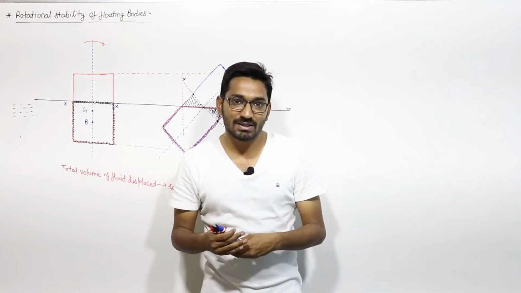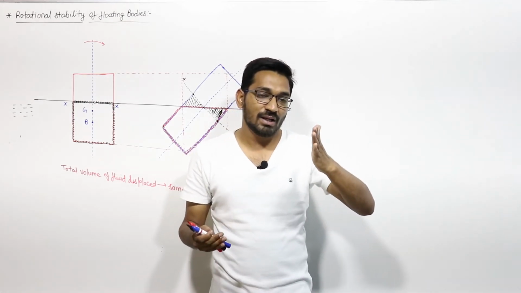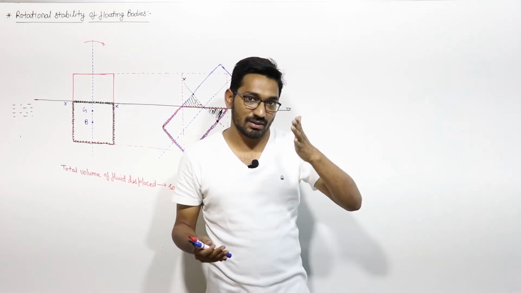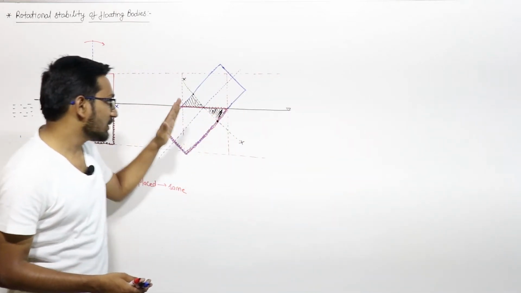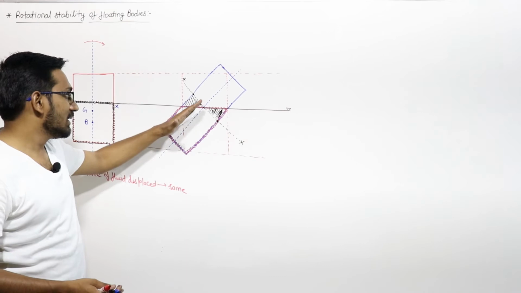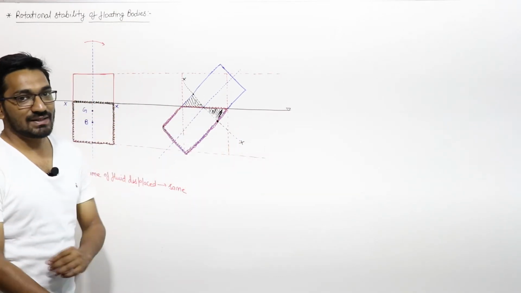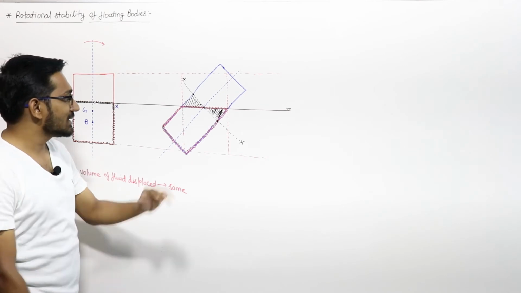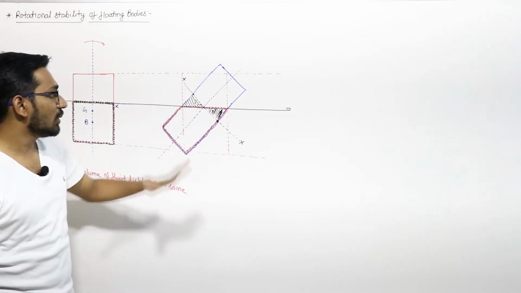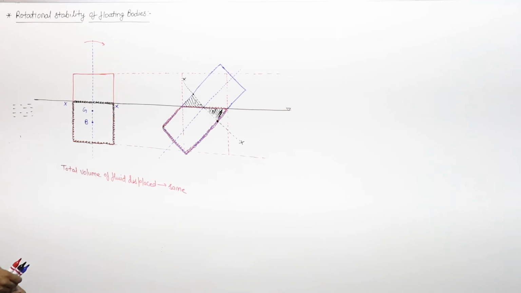So more mass of the fluid is towards the right side, and the center of buoyancy will shift towards the right side.